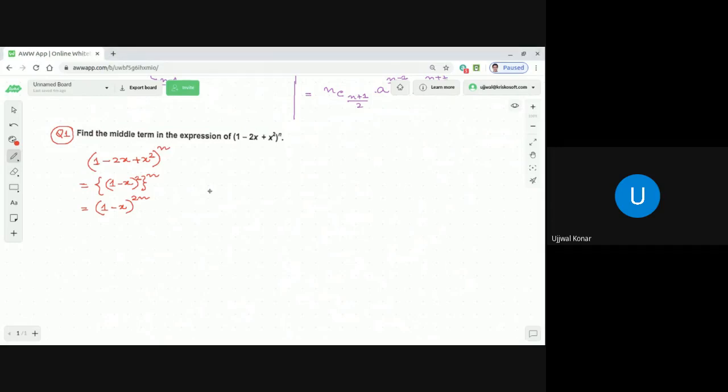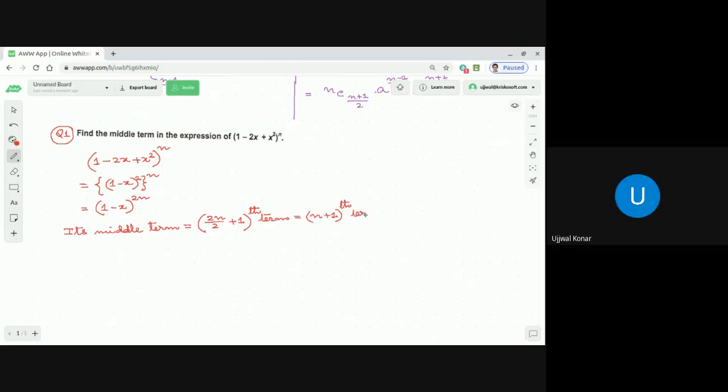So what we get is that the middle term is equal to the 2n by 2 plus 1th term, and that is nothing but the n plus 1th term.